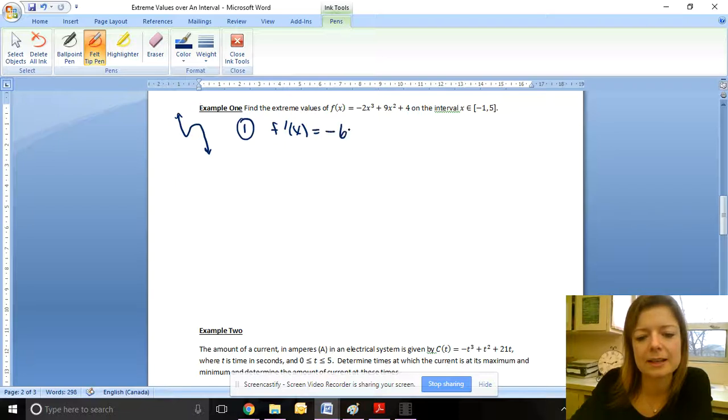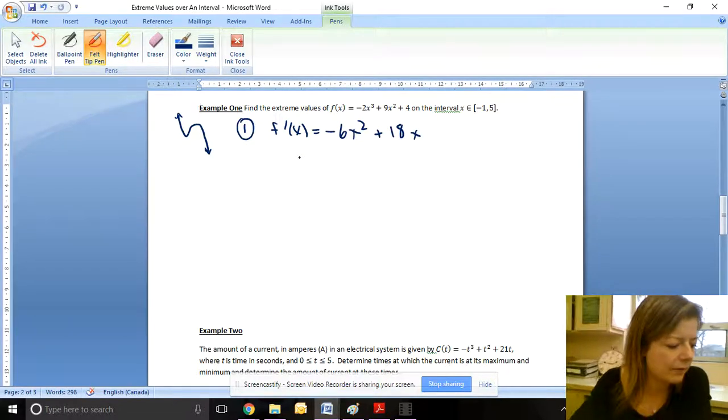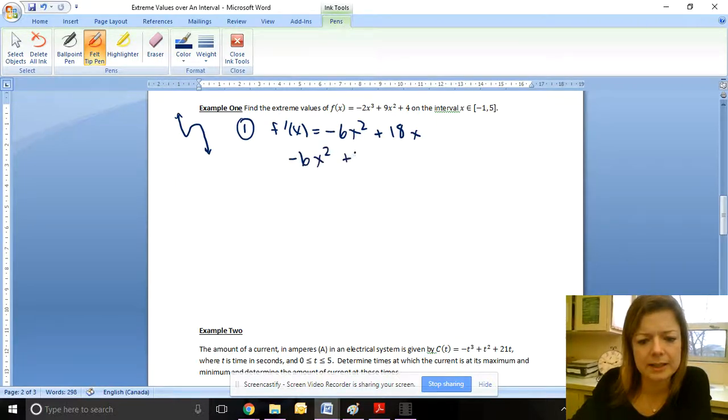So -6x squared plus 18x is our derivative. So now we want to find where that is equal to 0. So -6x squared plus 18x equals 0. Okay, so we can common factor out a -6x, and that's x minus 3.